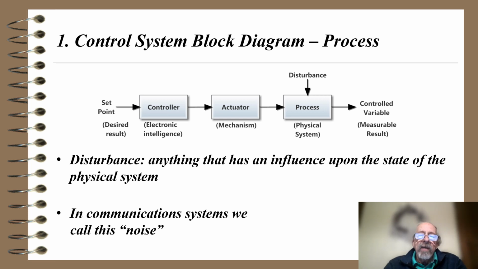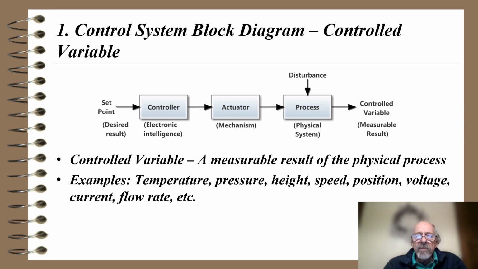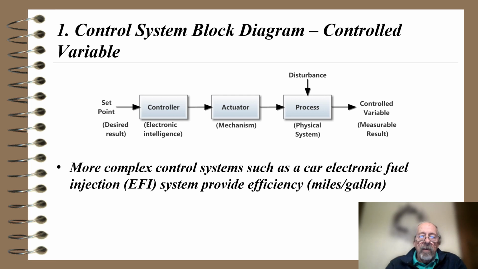If this was a communication systems course, we would call this noise. And the last thing, the control variable, is a measurable result of the physical process. Again, examples would be temperature, pressure, height, speed, position, voltage, current, flow rate, and so forth.